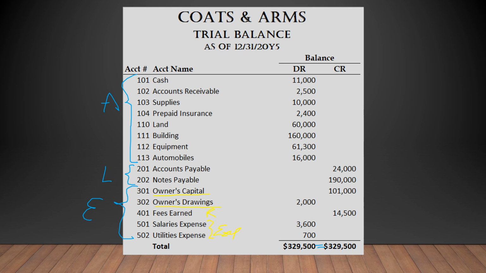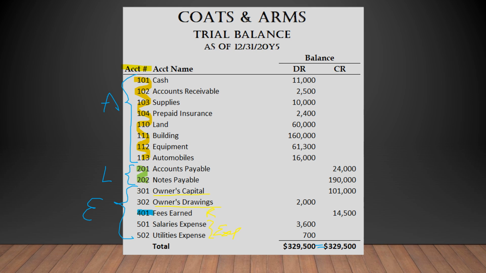I'd also like to direct your attention to the account numbers in the far left column. Accounts will be listed in numerical order with the number indicating the account's type. For instance, all assets have account numbers in the 100s. Liabilities have account numbers in the 200s. Our revenues have account numbers in the 400s, and so forth.